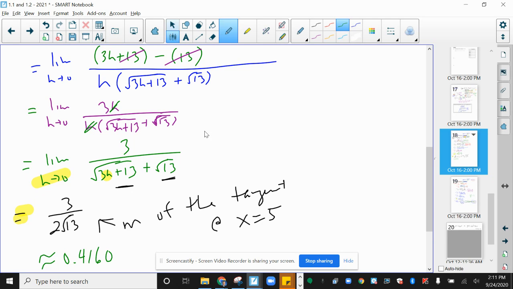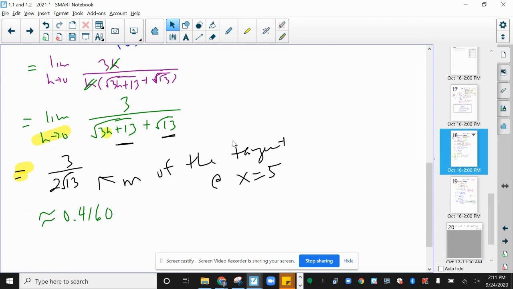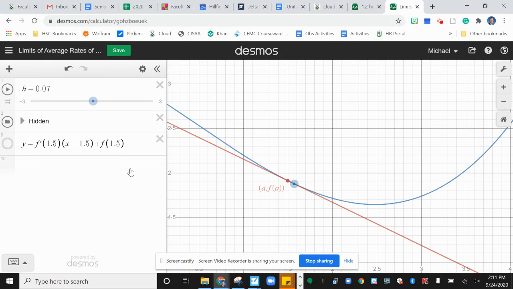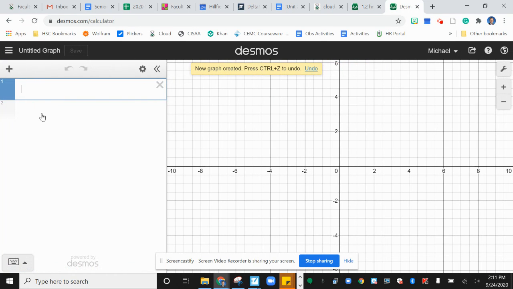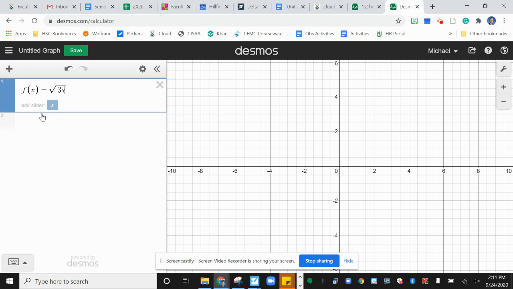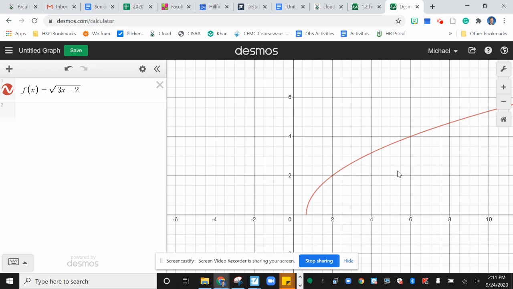We can use Desmos to check our answers. So I'll show you how that works. So 0.4160. If we come back here, let me get a new graph. So if I call my graph of x square root of 3x minus 2, so here's our function.